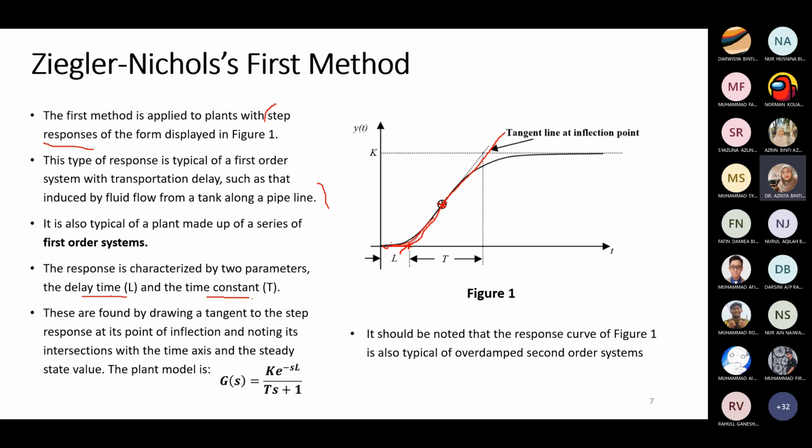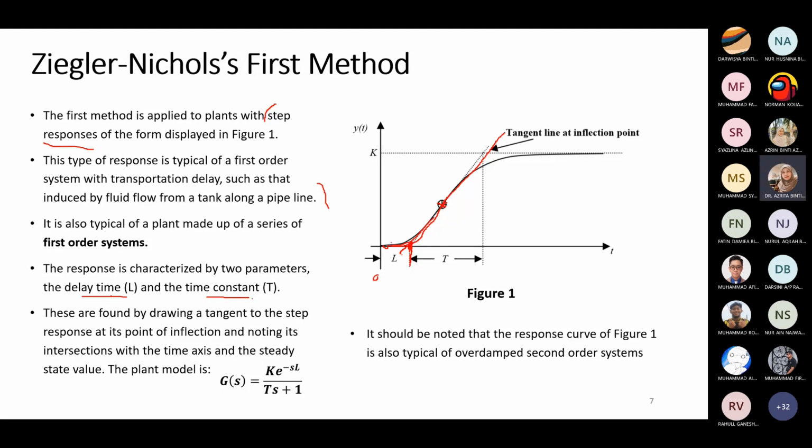And the intersection of this tangent line is the notation that will measure the delay time. So the delay time is from 0 until the crossing of the tangent line and the x-axis.